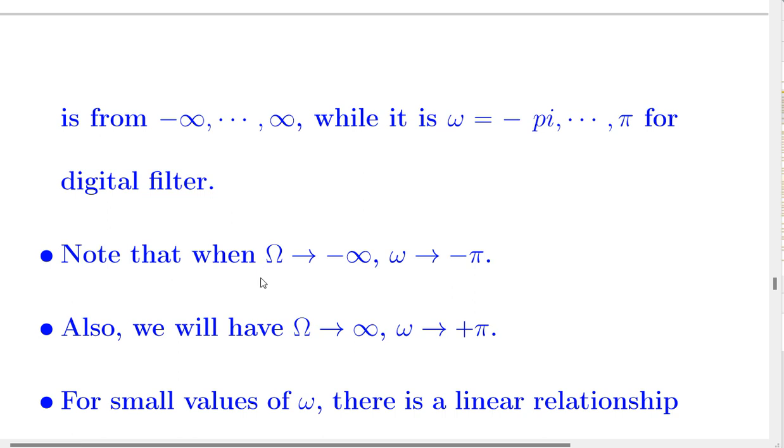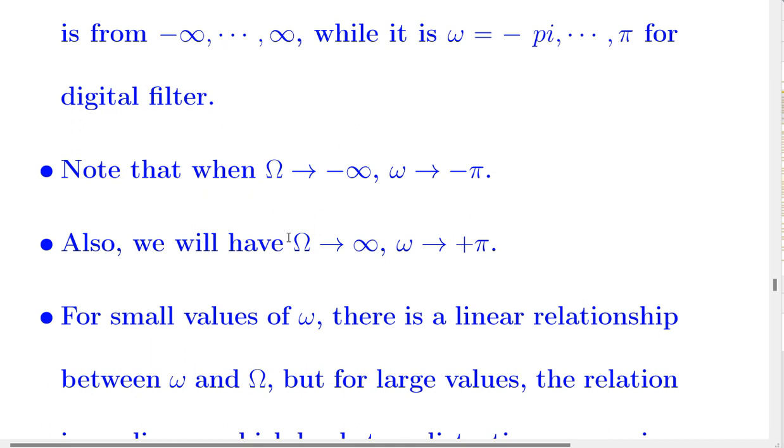Note that when capital Omega approaches minus infinity, omega will approach minus pi. Also, when capital Omega approaches plus infinity, omega will approach plus pi. Of course, minus pi and plus pi are both the same point, 180 degrees on the unit circle.